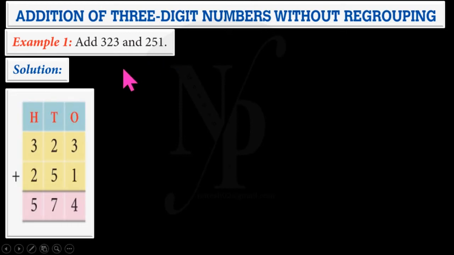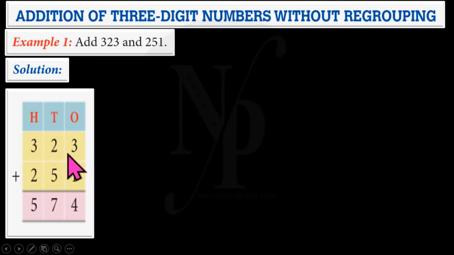Let us write down the given numbers vertically, one below the other. So first we write 323 and just below that 251 in the place values chart. Here, as we know, O stands for ones, T for tens, and H for hundreds.